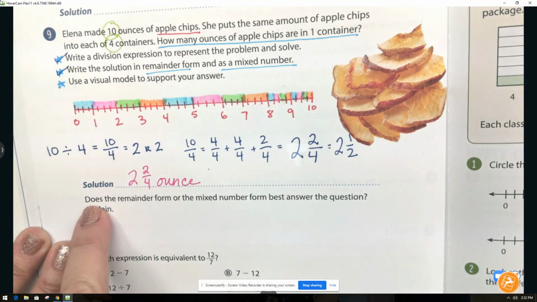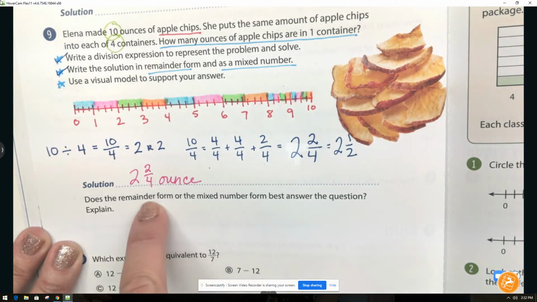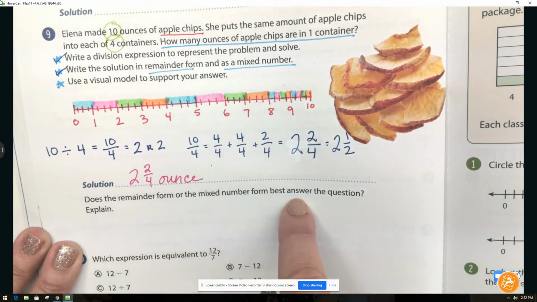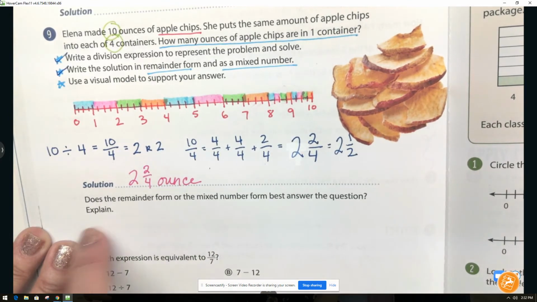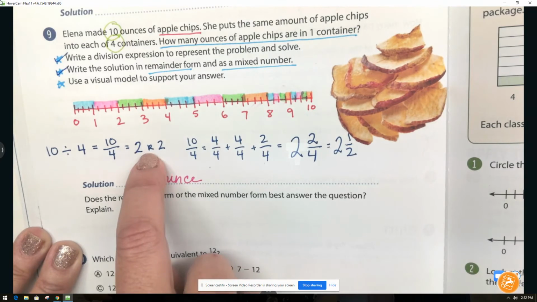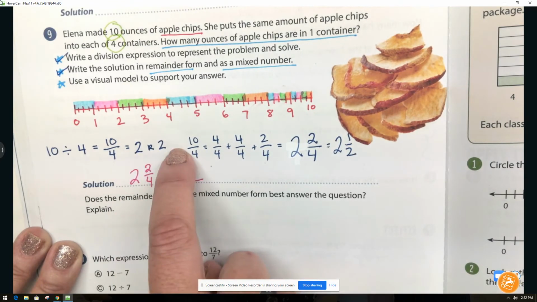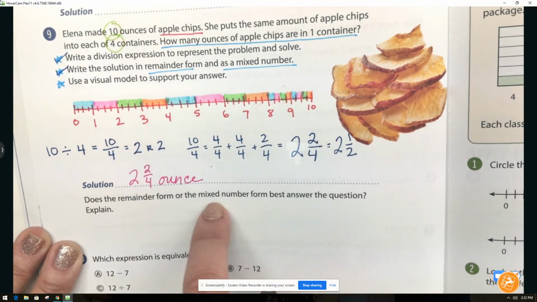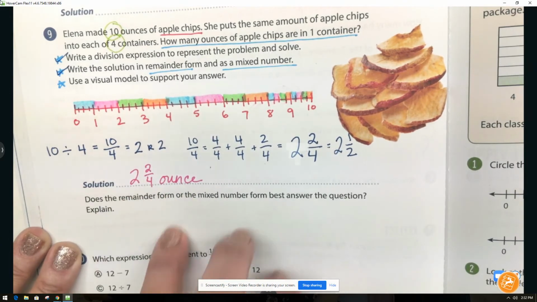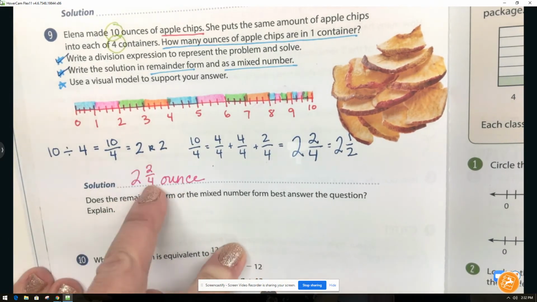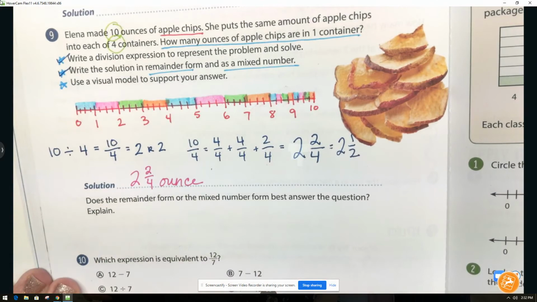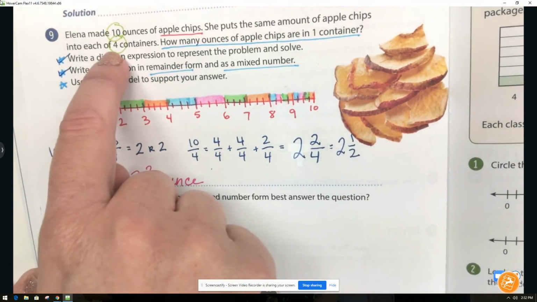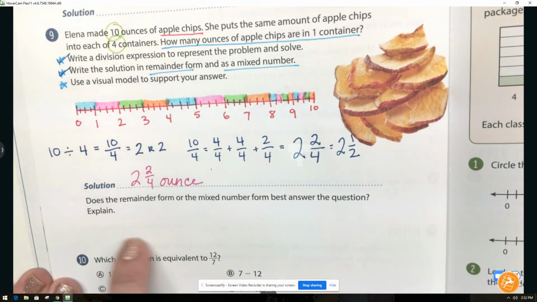So now the question here says, does the remainder form or the mixed number form best answer the question? Explain. So we have remainder. The remainder form here is 2 remainder 2, and the mixed number form is 2 and 2/4. In your opinion, which of those answers best explains how many ounces of apple chips go in each container?